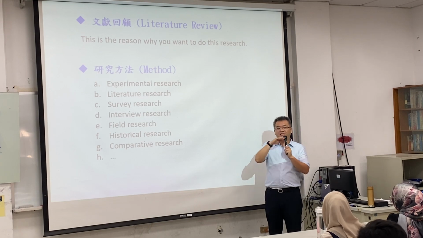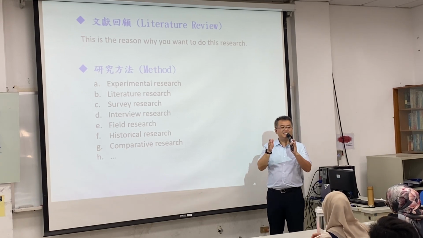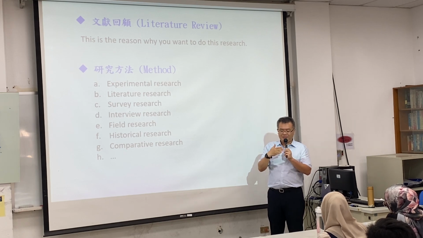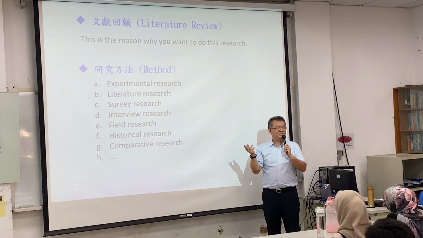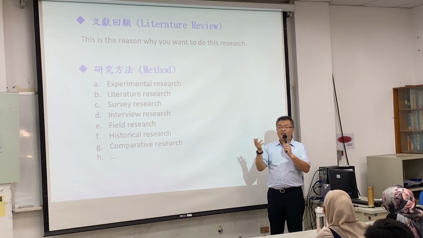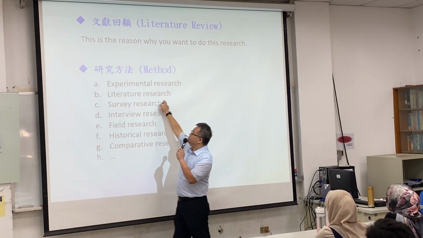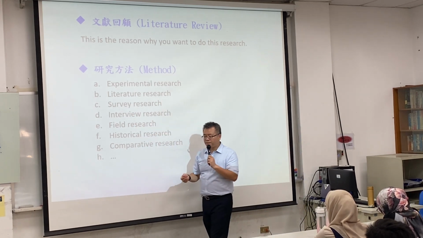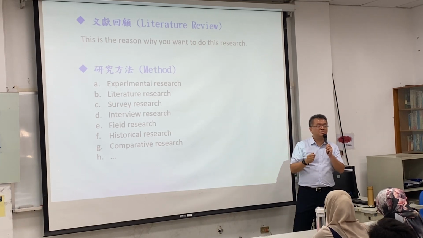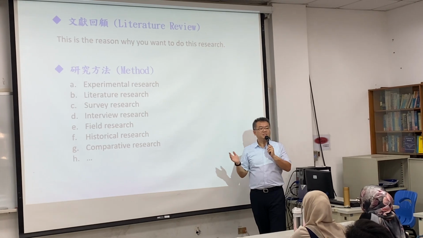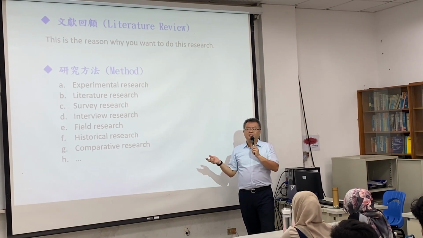A lot of senior researchers, I say senior because sometimes you have 20 years of experience, and you are able to write that kind of paper. For that kind of paper, the research method is always literature research. The researcher needs to read a lot of papers and books, maybe 100 of them.